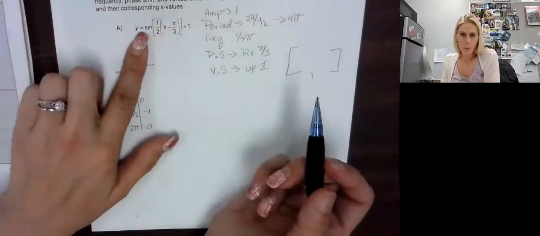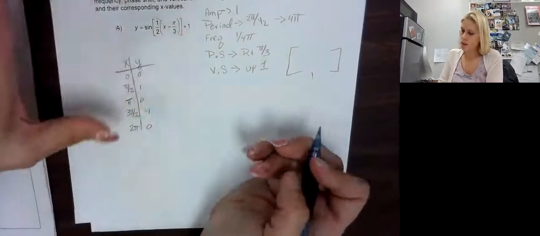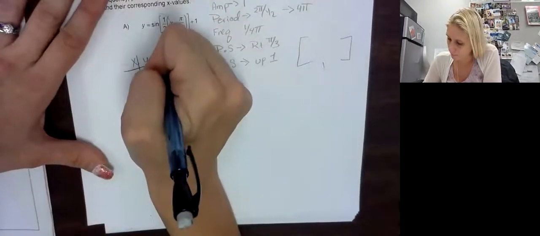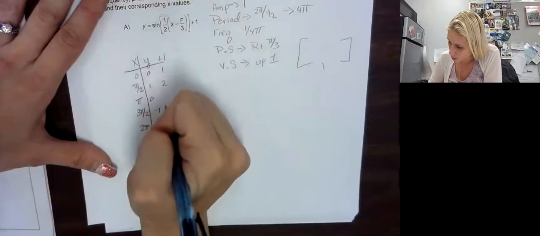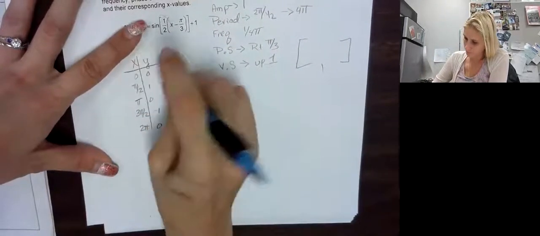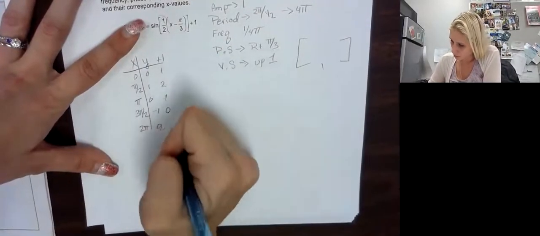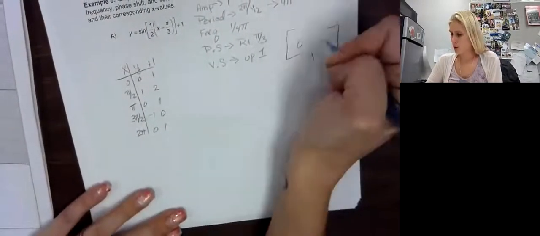We're multiplying by 1, right? So that doesn't do anything. And then we're going to add 1 to the y value, that output. So 1, 2, 1, 0, 1. So that tells me right now that the range goes from 0 to 2.